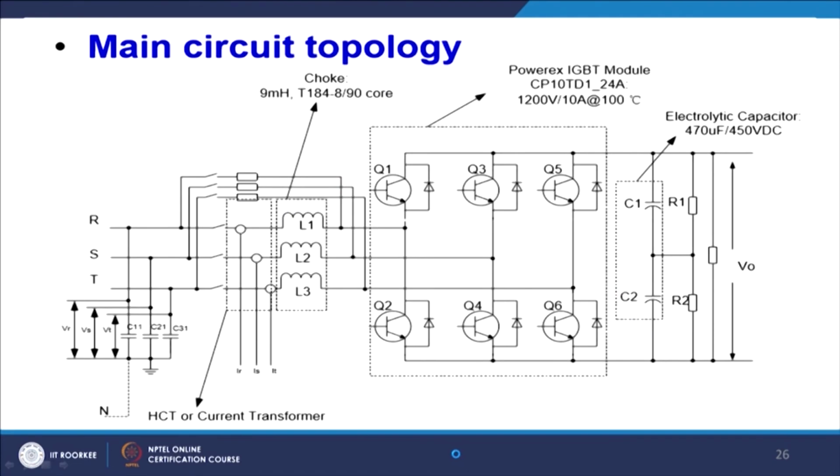Now, these are practical circuits of this multipulse PWM converter. This is a static bypass, and generally you will have an inductor, a choke, and you are required to design the choke.